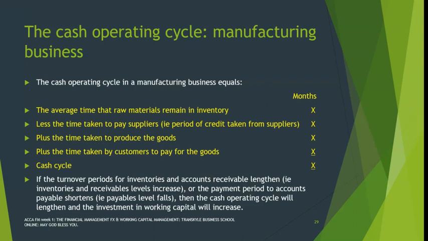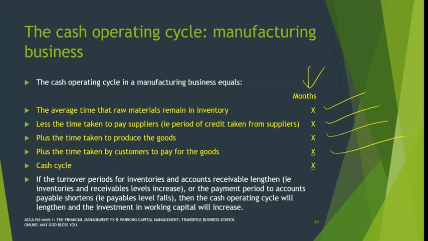The cash operating cycle in a manufacturing business is equal to the average time that the raw materials remain in inventory, less the time taken to pay suppliers, these are the payables, so we deduct them, and then we add the time taken to produce the goods and the time taken by the customers to pay, and then the cash cycle is determined. Remember, this period is in months.